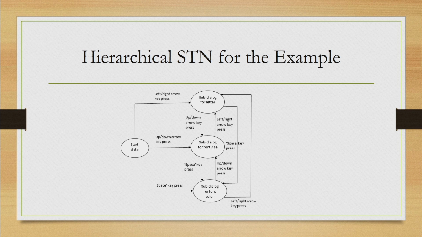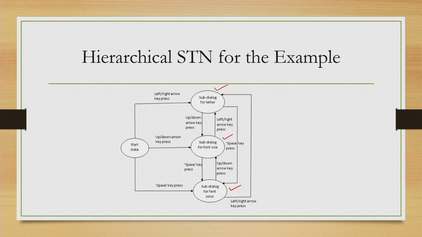Now, if we want to use this hierarchical STN to model our example system, that is the character display system, it will look something like this figure, where we have sub-dialog models. Say one sub-dialog model may be for letters, one for font size, and one for font color.